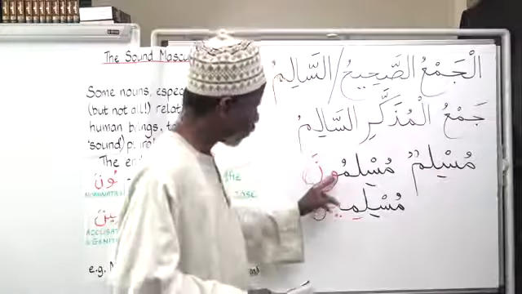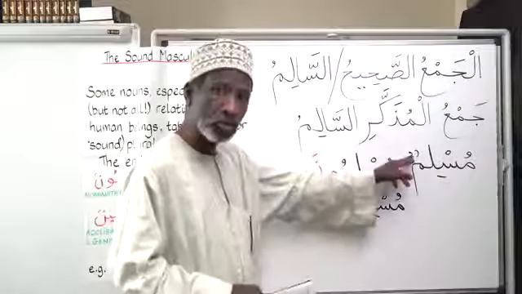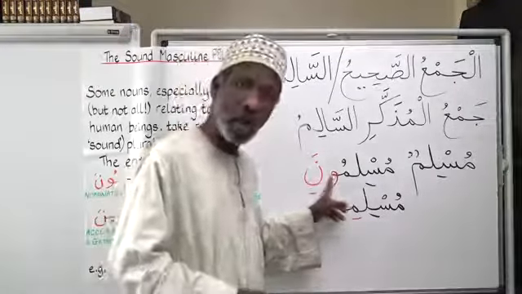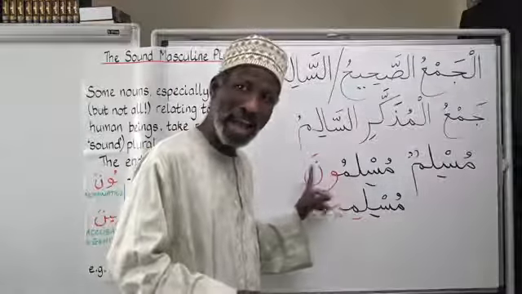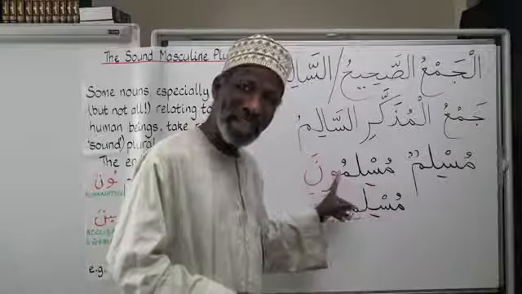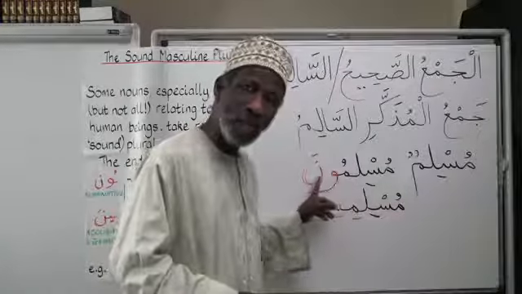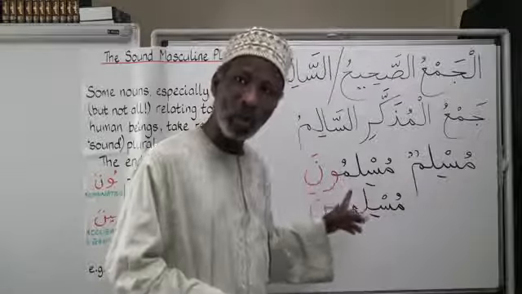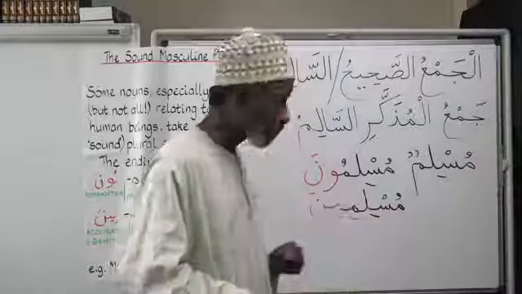And at the end, you just reduce this un to single u and extend it with waw, lengthening waw, and add na, muslimuna. So when you see ending una, you will know that it is sound masculine plural.